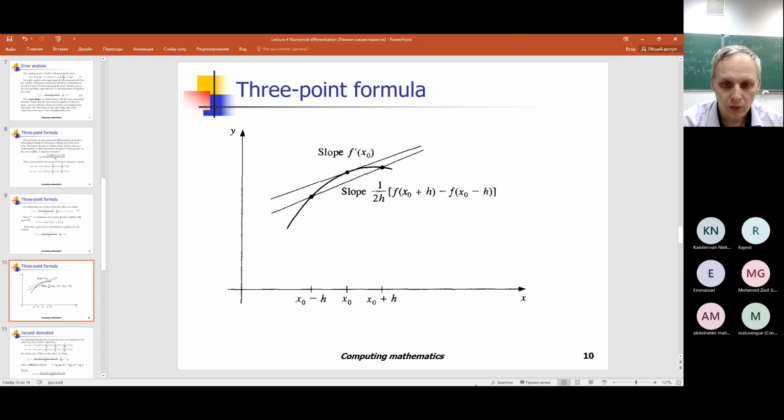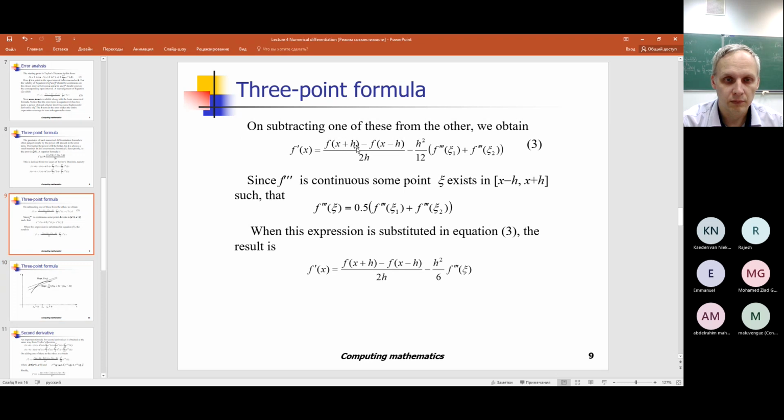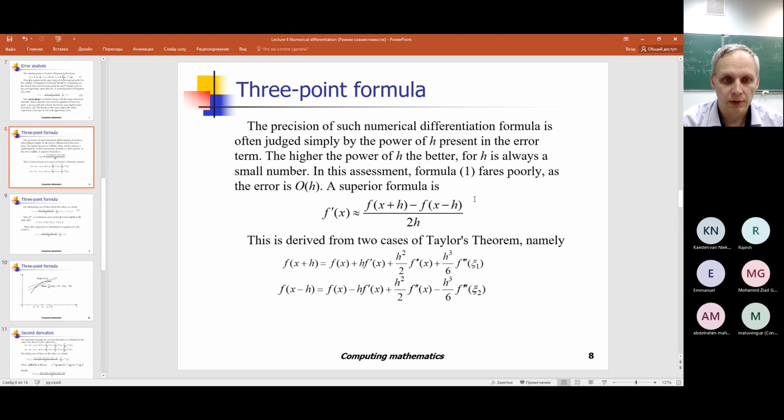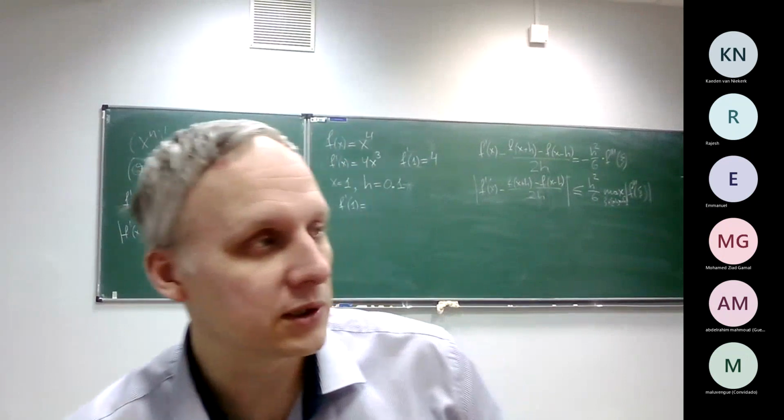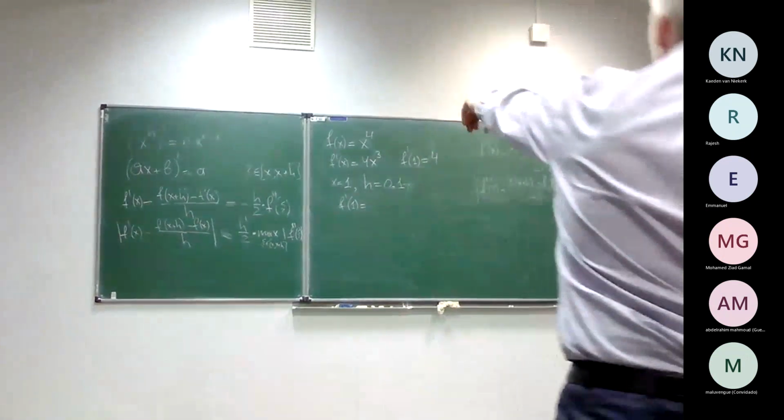Well, now I ask you to apply this formula. This formula is written here. You can write it in your papers, and I ask you to apply it to find the first derivative for the function f of x equals x power 4.